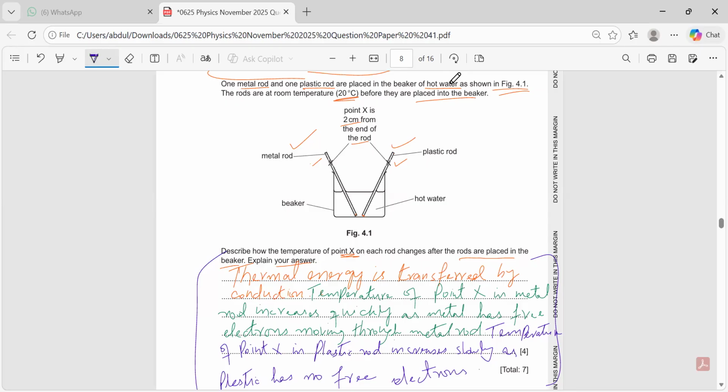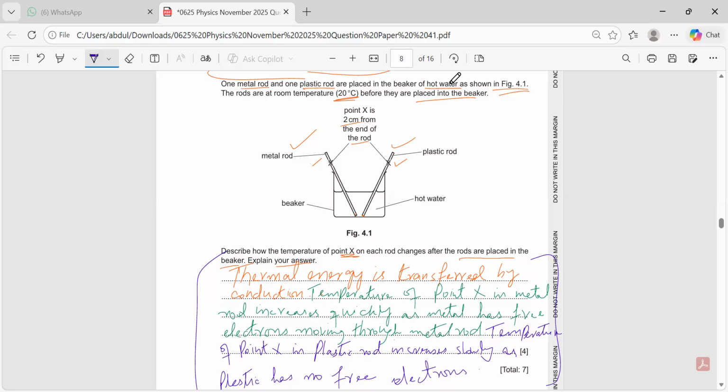Explain how the temperature of point X on each rod, metal rod and plastic rod, changes after the rods are placed in the beaker. Explain your answer. First of all, in this case, energy is transferred by thermal conduction. 1 mark. Then the temperature of point X in the metal rod increases quickly as, this is 2 marks.